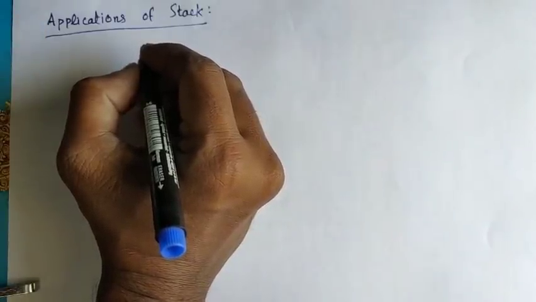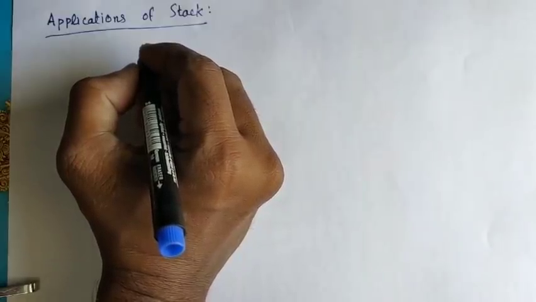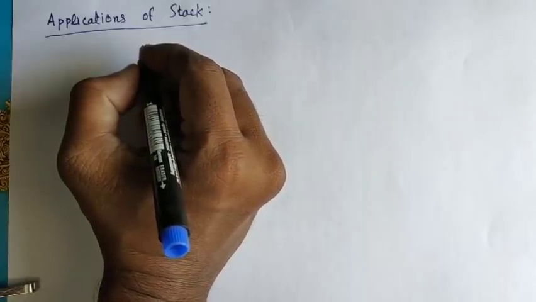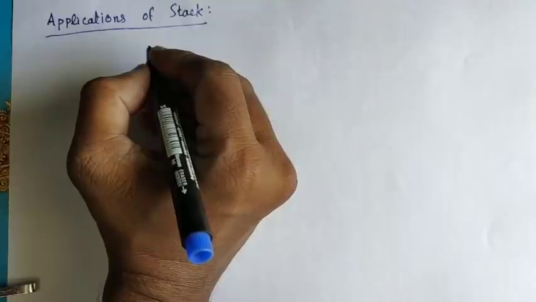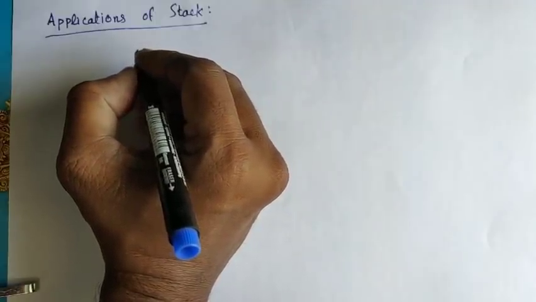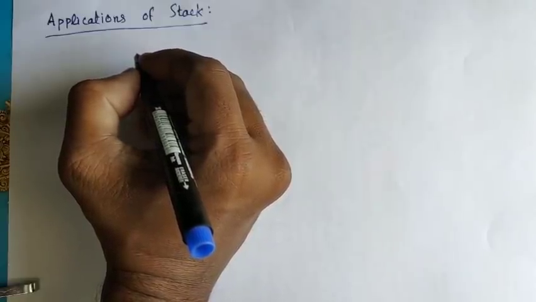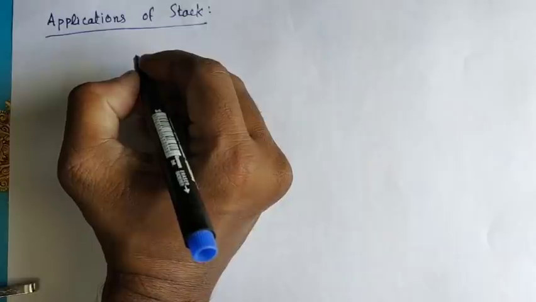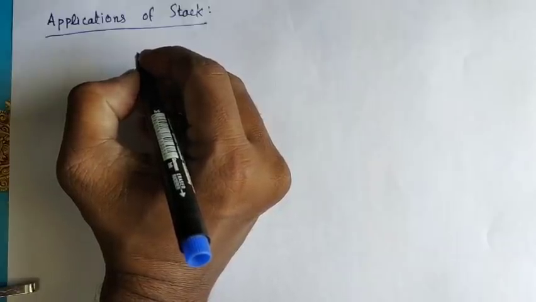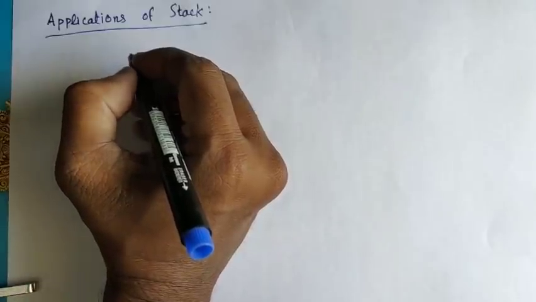It maintains a special order called first in last out or last in first out for inserting and deleting an element. It means that in the stack, the element which is inserted most recently will be retrieved first. It will maintain that order for inserting and deleting elements.